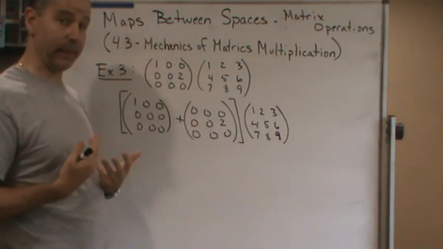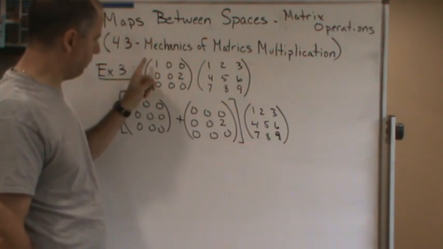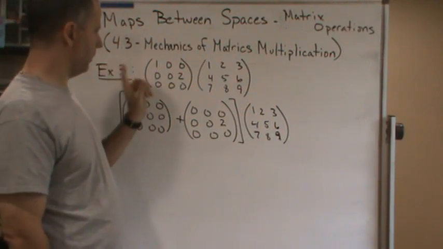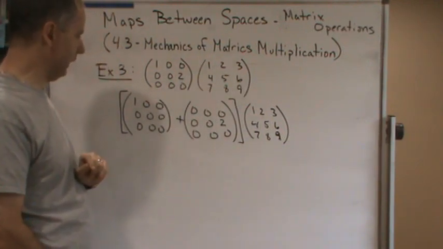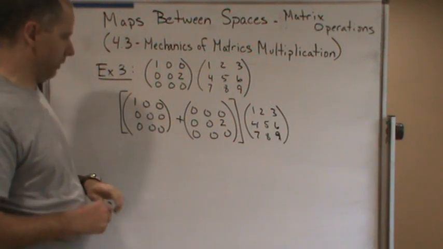Okay, we're repeating rows. So here we're in the top row, so it's going to repeat the top row here. Okay, so what are we going to end up with?